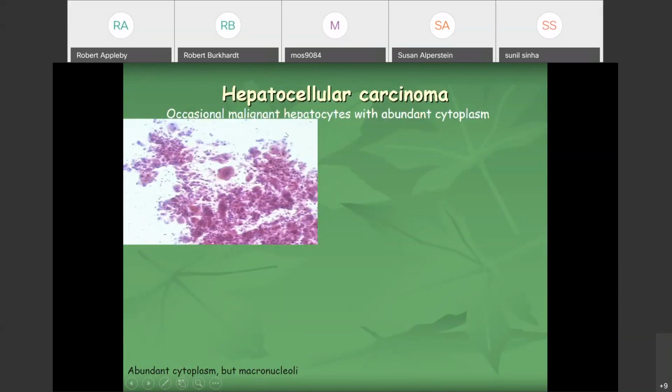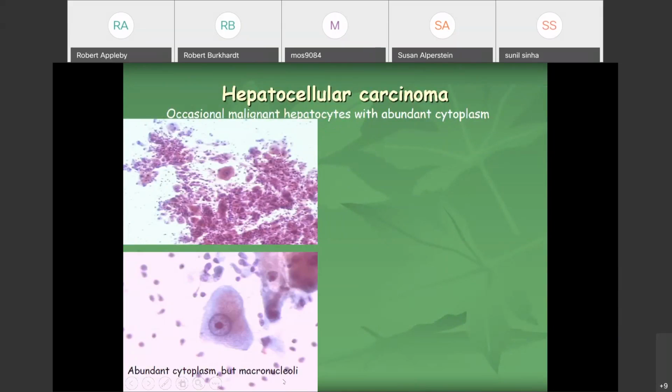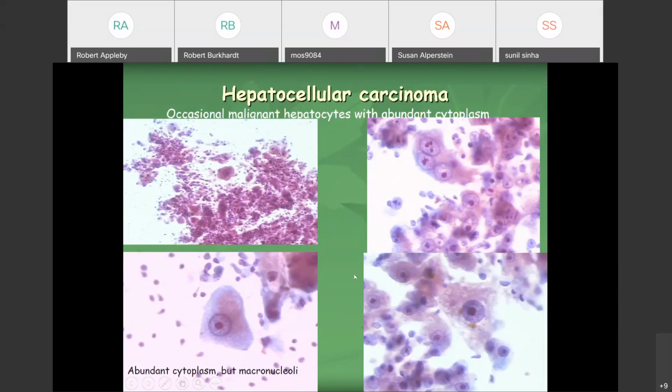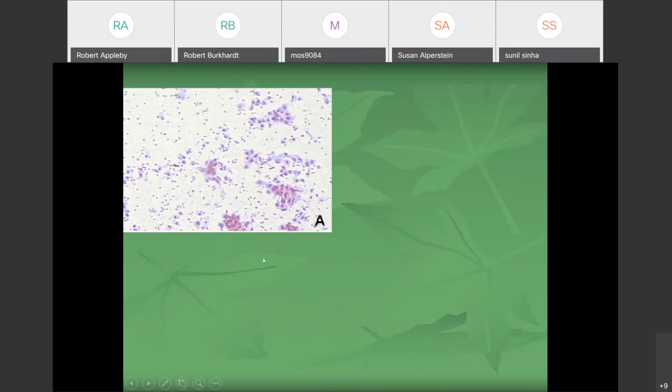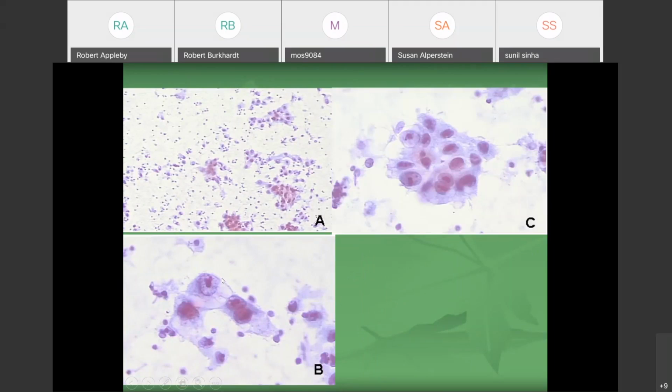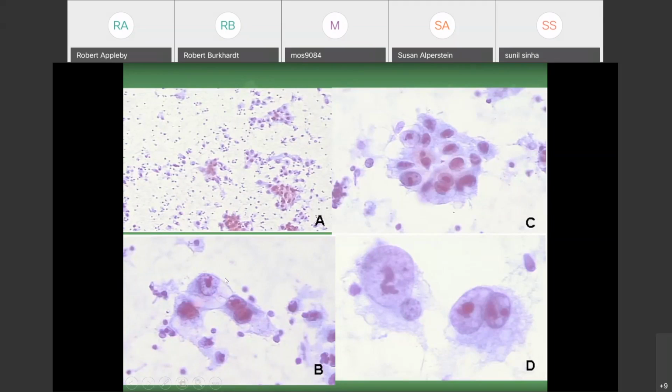And sometimes HCC have malignant hepatocyte with abundant cytoplasm like this. Macronucleoli. And here you see, macronucleoli, fully differentiated hepatocellular carcinoma.